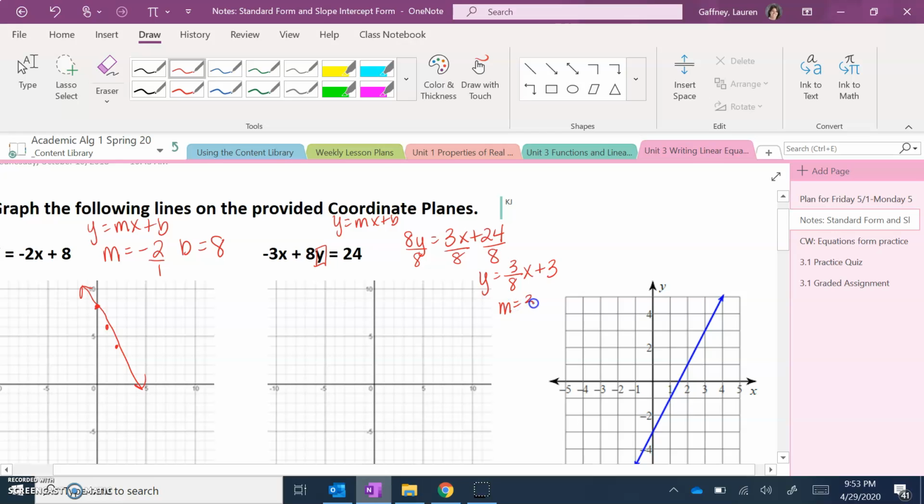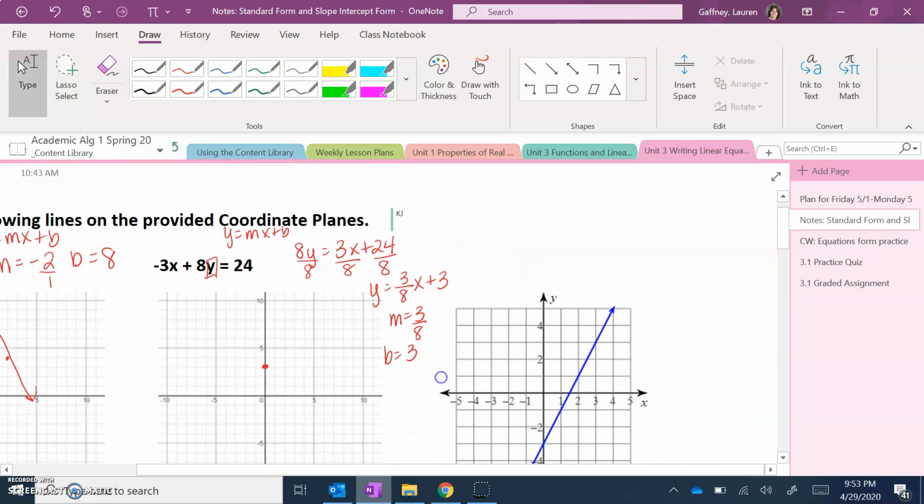So my m is 3/8 and my b is 3. I start at my y-intercept of 3. My slope is 3/8, so let's go up 3, right 8. You could also go down 3 and then left 8 to get an additional point.